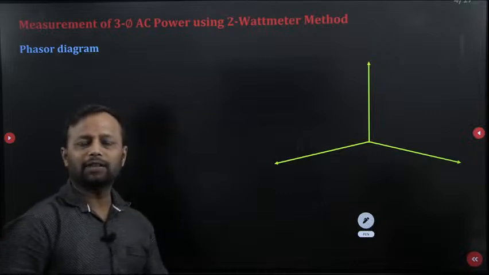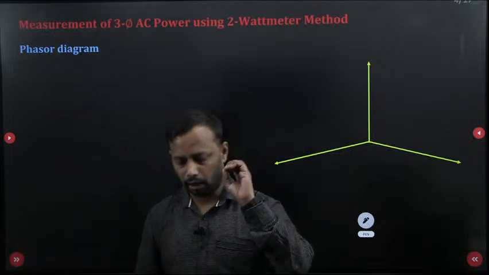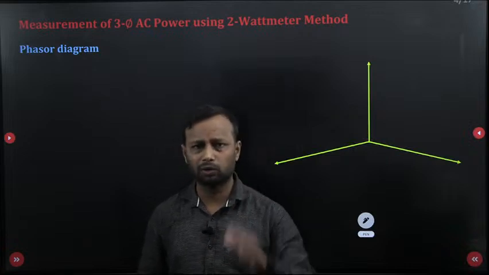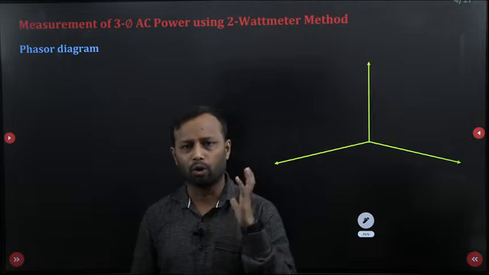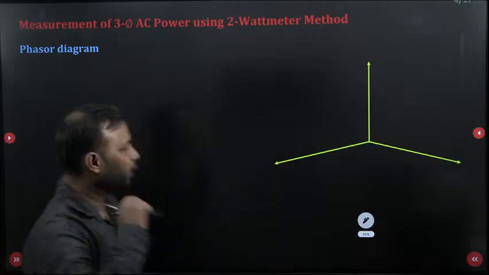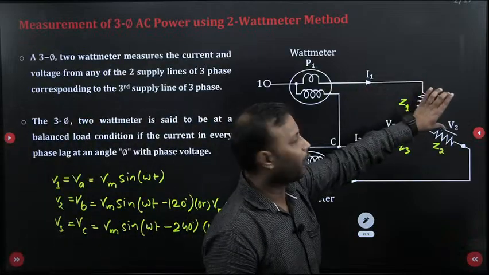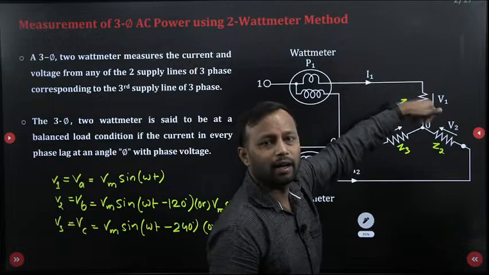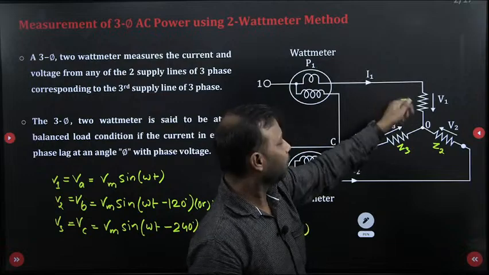Since I have told you that we are going to consider the impedance or load as a lagging type of load, because most practical loads are lagging type, if you see carefully in this diagram, for the respective phases, we have the voltage V1, the current entering I1, and Z1 is the impedance.